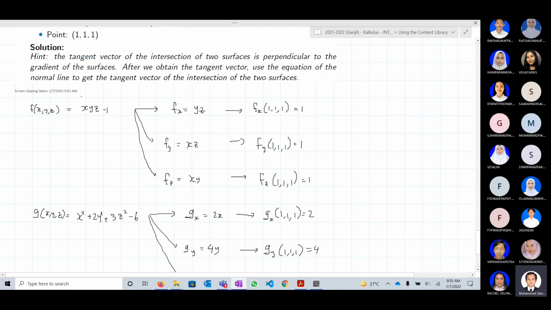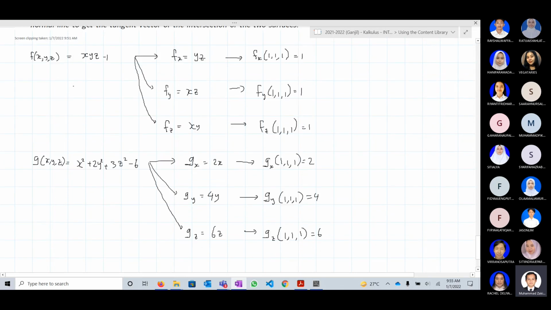So now from here we have that these are the gradients. The tangent vector of the intersection of the two surfaces is perpendicular to the gradient of the surface.